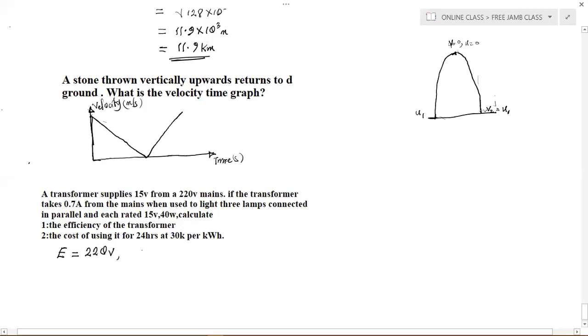But the supply really is 15 volts. You have the current equals 0.7 amps.